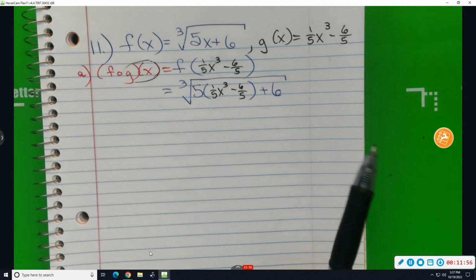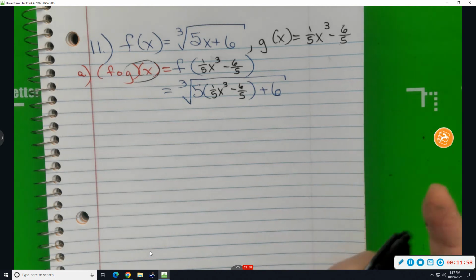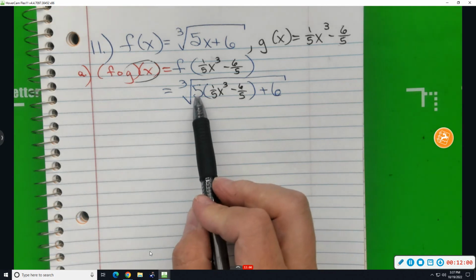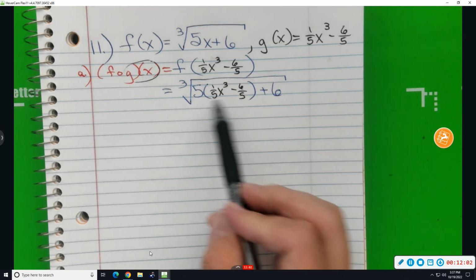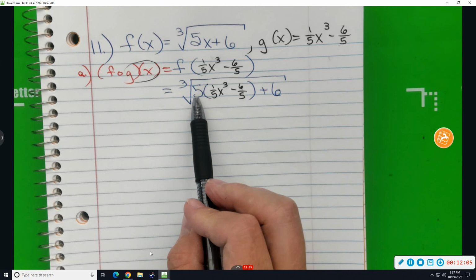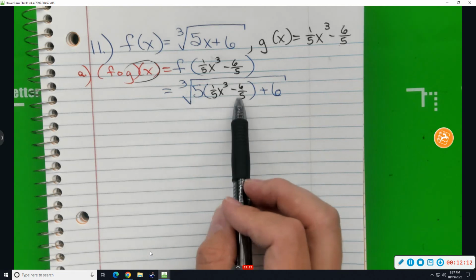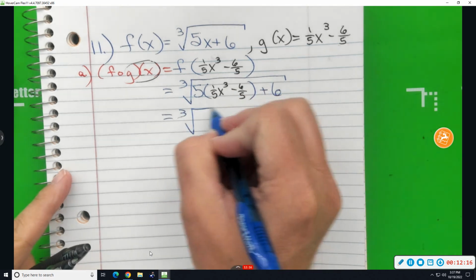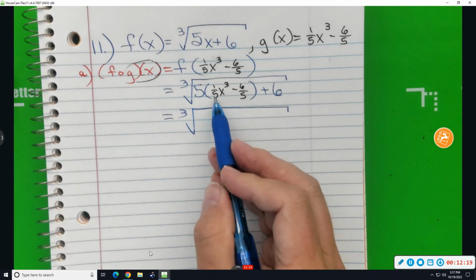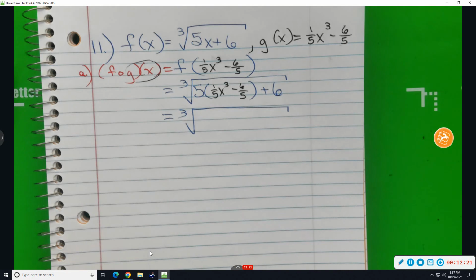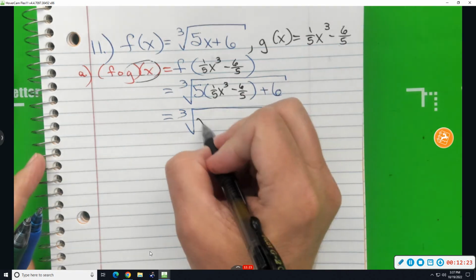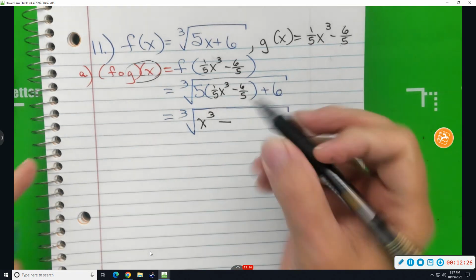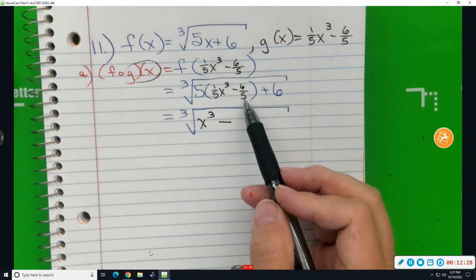I think something nice is about to happen with the fractions. We have that 5 in front of these parentheses here. What do we have to do with that 5 to get rid of the parentheses? So we'll distribute that 5, and look at that. 5 times 1/5 is just 1, so we have 1x cubed minus, what happens with the 5 times the 6/5?